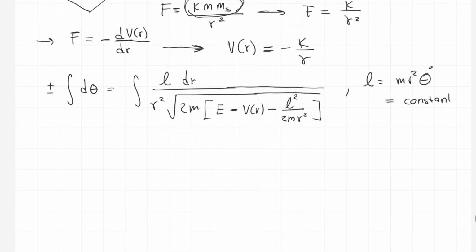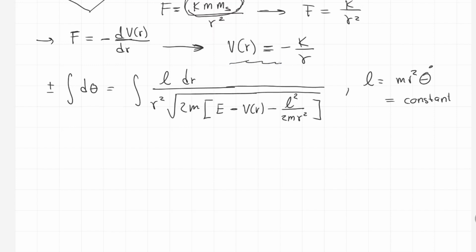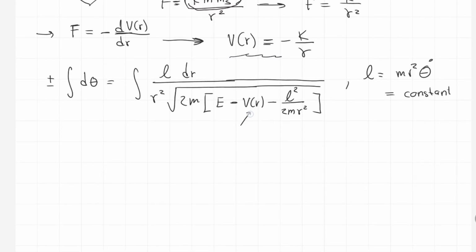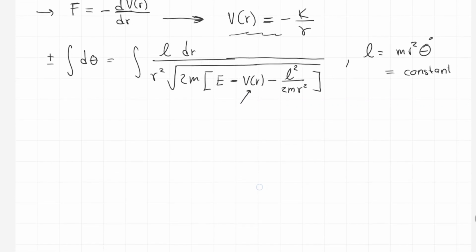So in this case, what we need to do is to substitute this potential that we have here. We need to plug it here in the integral, and let's see what happens. At the end, we will see that that will be equal to the ellipse equation. But for now, we are going to start by taking the substitution u equals 1 over r.